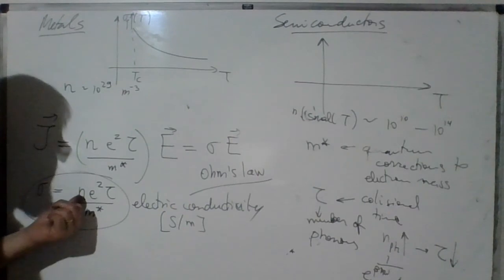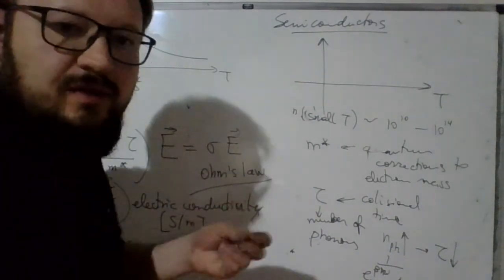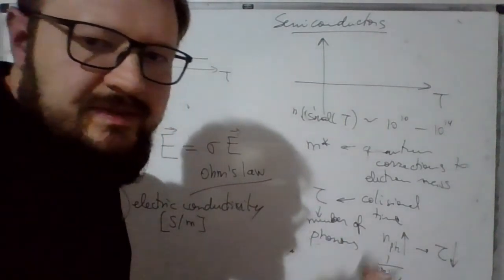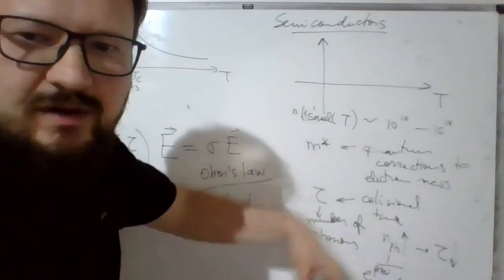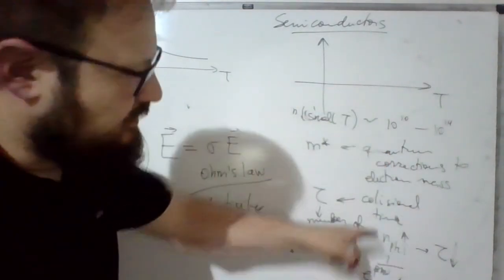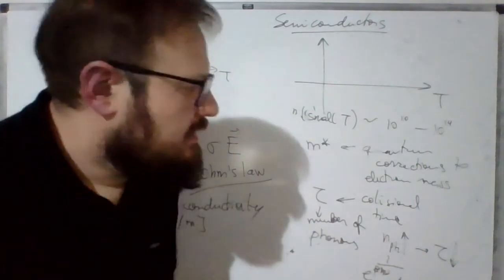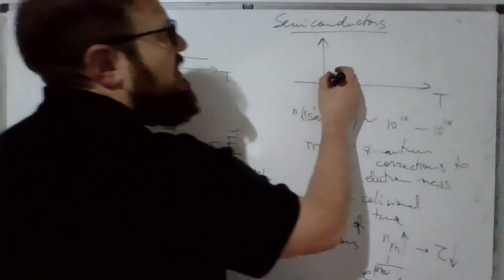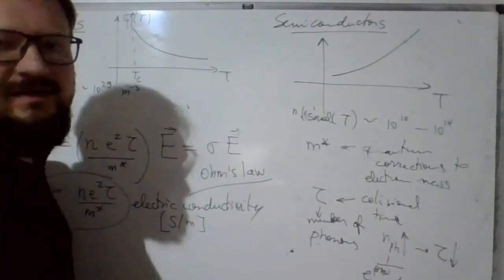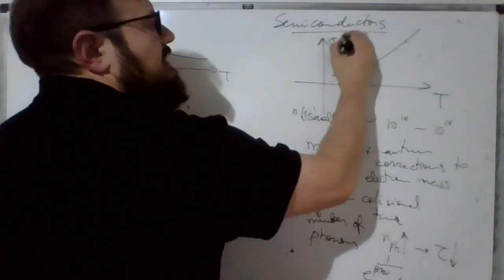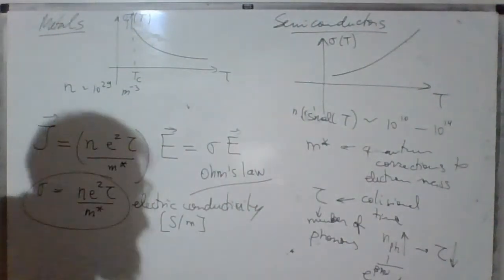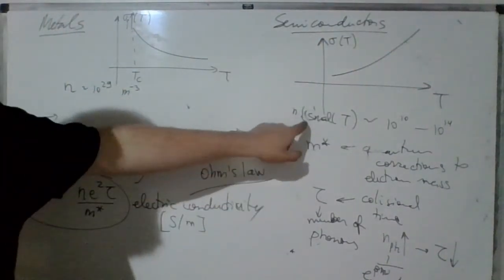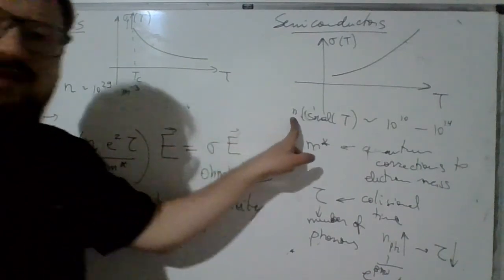And for a semiconductor, the number of carriers increasing with temperature is a much more pronounced effect than the increase of the collisional rate, which produces a decrease in the time between successive collisions. So for a semiconductor, the behavior is quite distinct. The conductivity increases with temperature. Most of the effect is in the density of charge carriers.